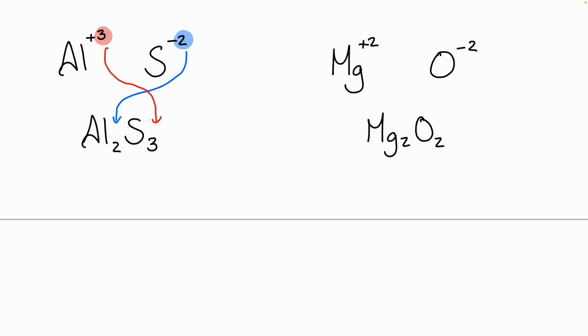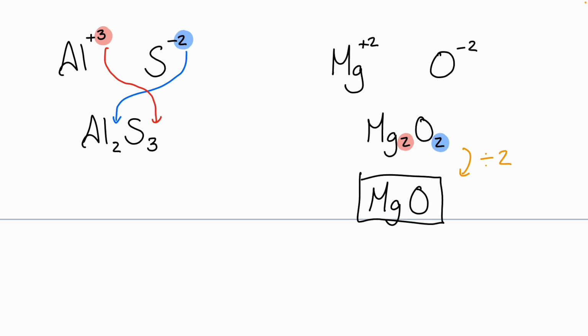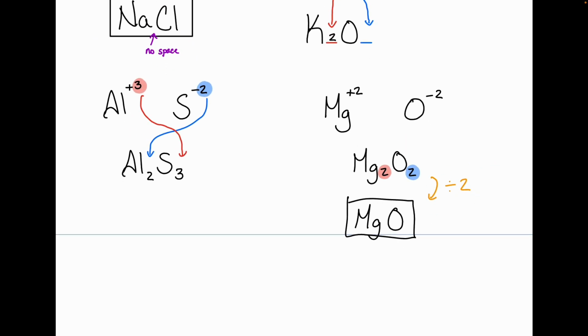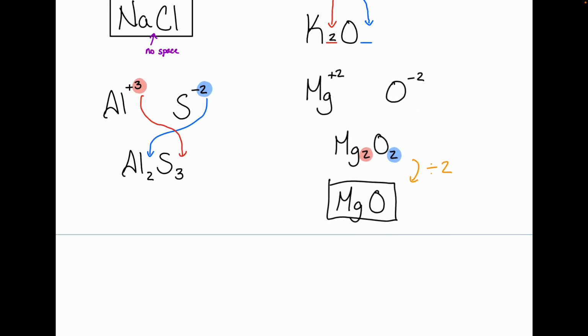But now my two subscripts here both share a common factor. What is that common factor? 2. So in order to get my actual chemical formula here, I need to take out that common factor, meaning I'm going to divide both of those subscripts by 2, leaving me with just MgO. Put a box around it, final answer. That's my fully reduced chemical formula for that compound.